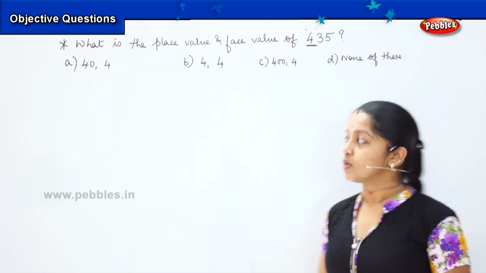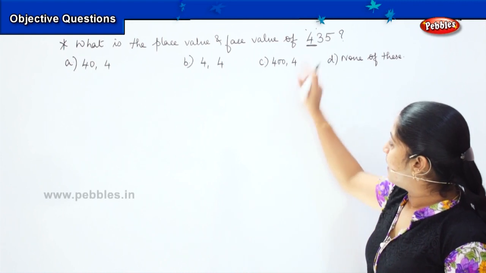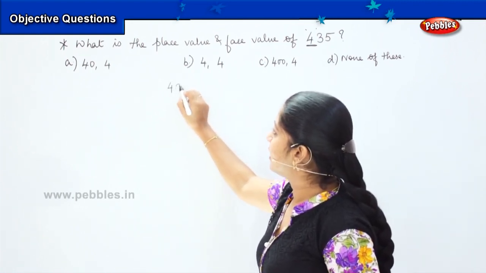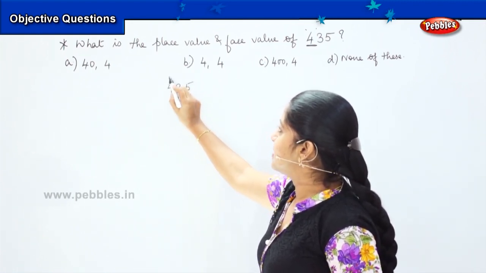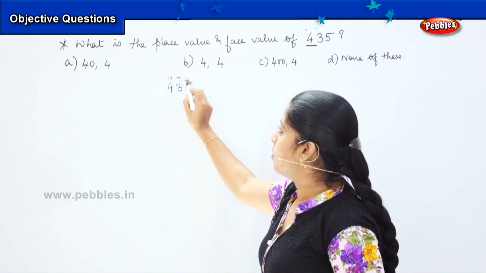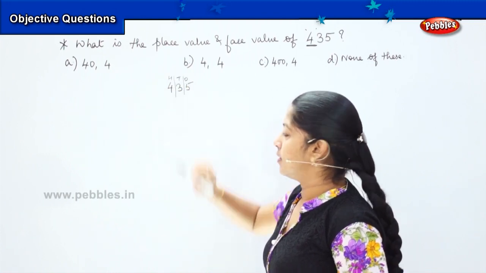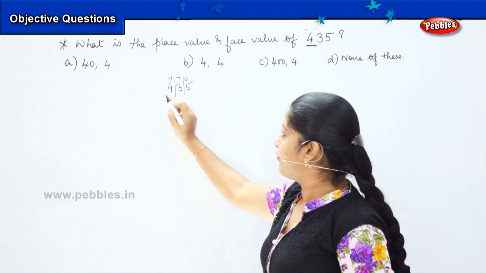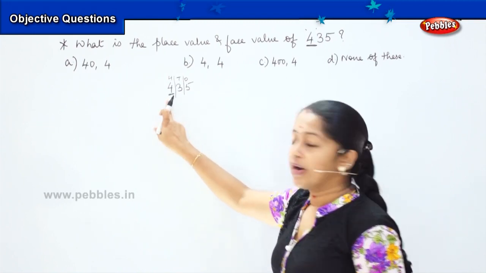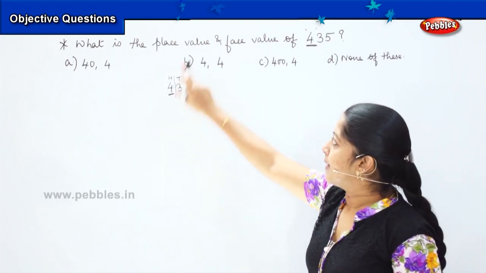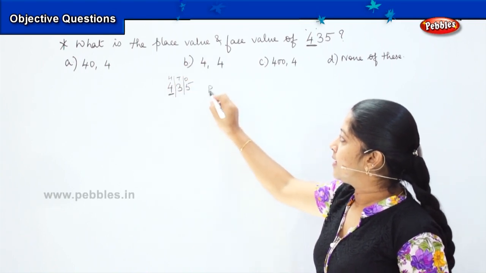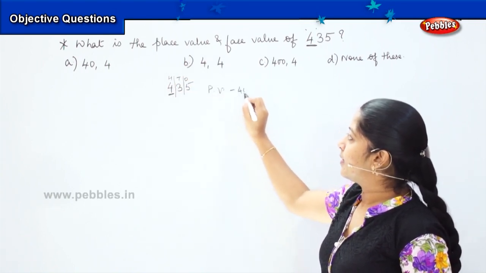As I told you earlier, the number 435, if you write it as HTO and we divide it in the column of HTO, 4 is in the hundreds column. So my place value will be 400.